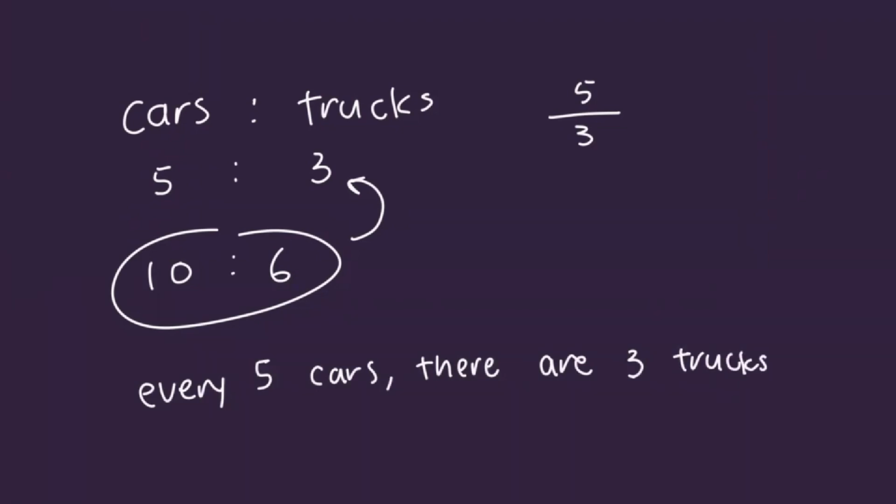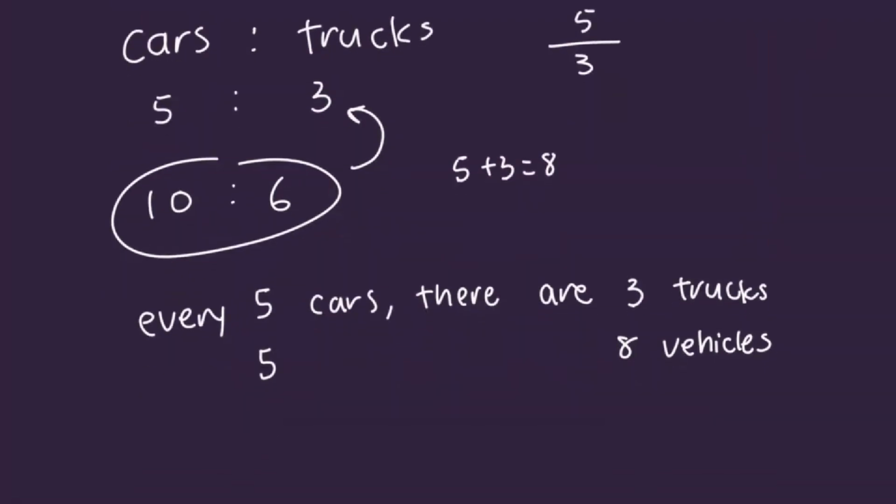This also means that for every 5 cars, there are 8 vehicles, because the total of cars and trucks is 8. So for every 3 trucks, there are 8 vehicles.